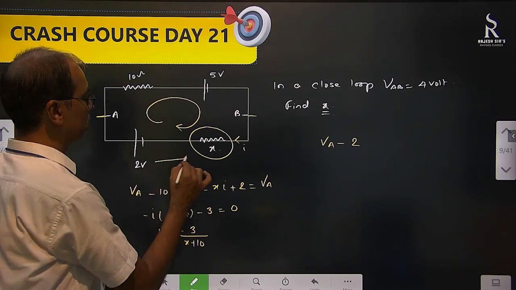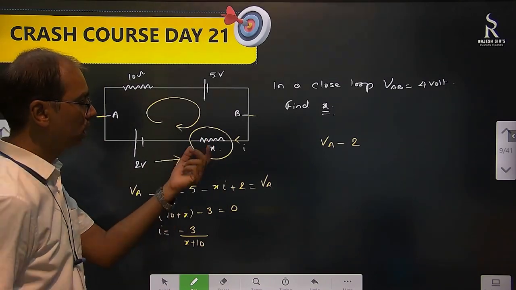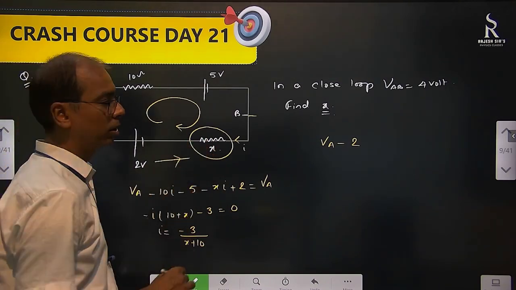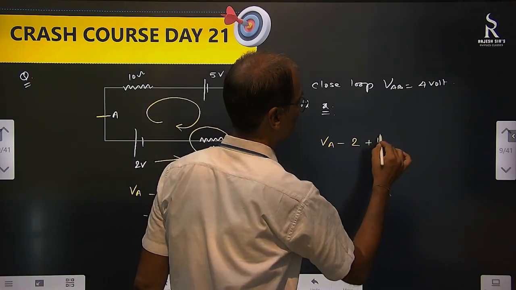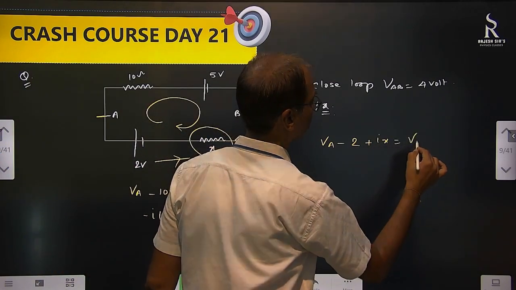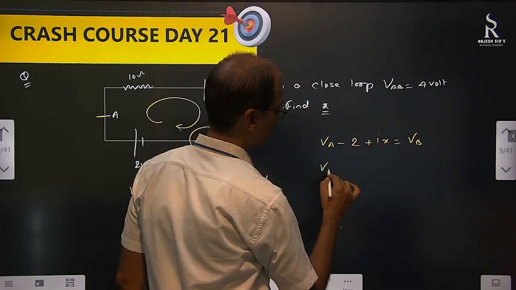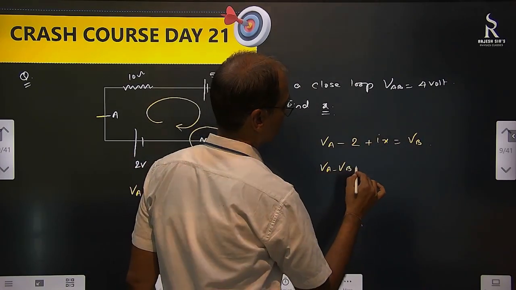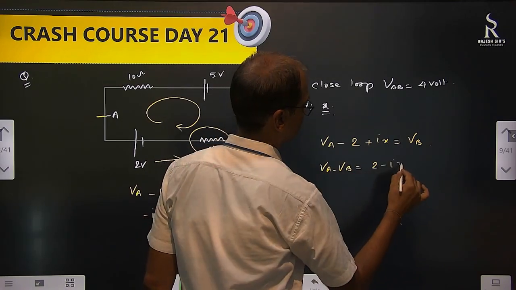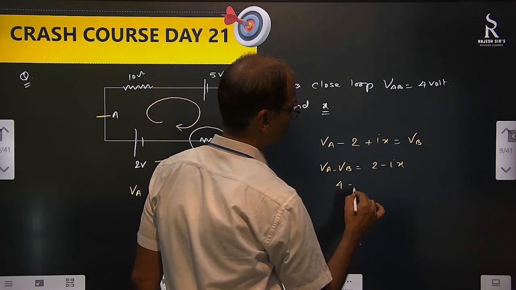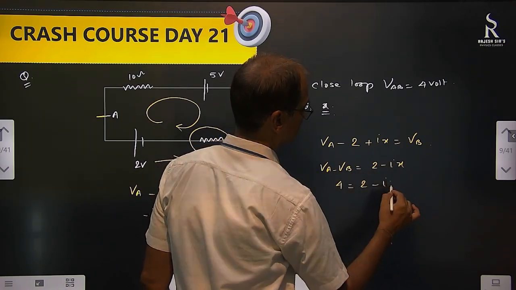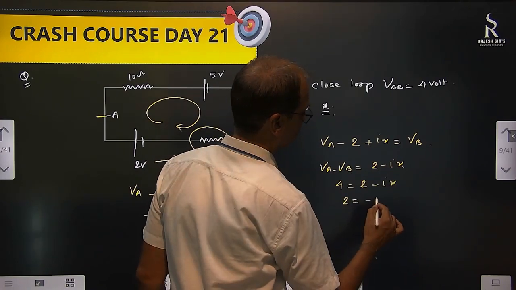Your direction is like this. So opposite to the current, that means here I will be writing plus Ix, equal to VB. You take VB to that side. So VA minus VB equal to 2 minus Ix. So this is 4. 4 equal to 2 minus Ix. So 2 equal to minus I into X.